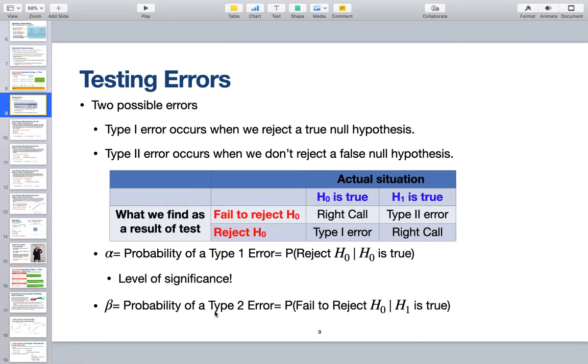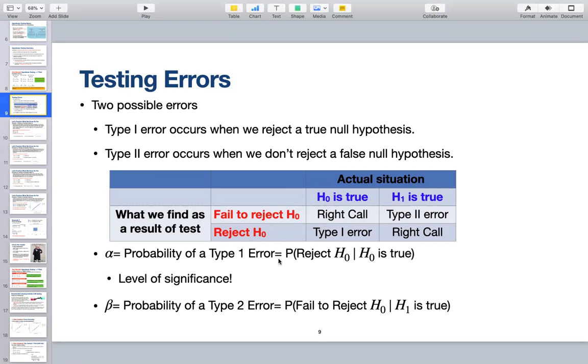And the type 2 error is labeled as beta. And 1 minus beta is the power of the test, but we don't have to go into specifics on that side. So long story short, we do have error margins in statistical tests. One thing to be aware of is that we can control the probability of making a type 1 error.